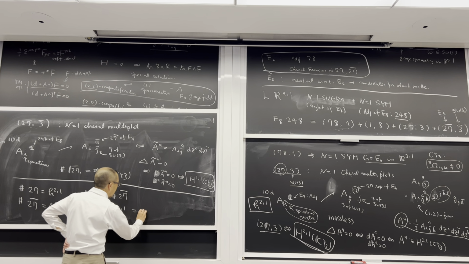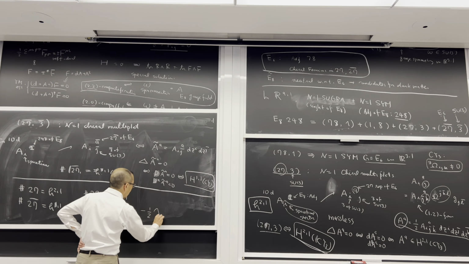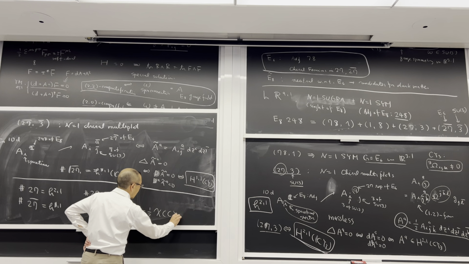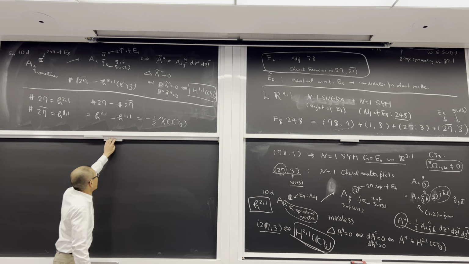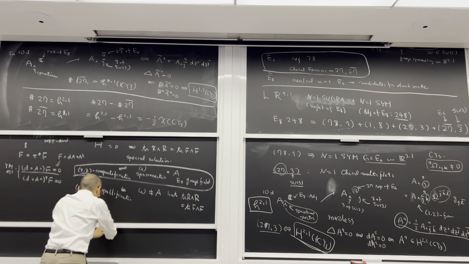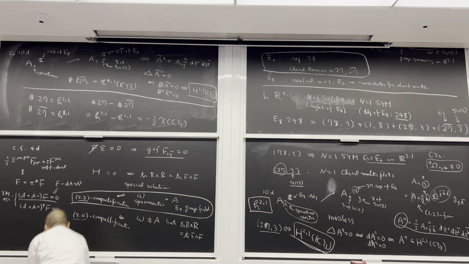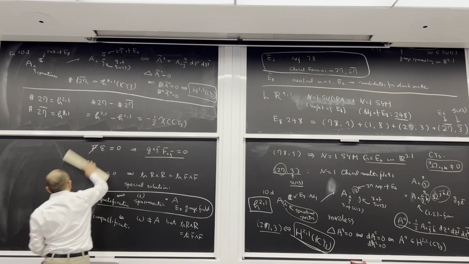And this turns out to be minus 1/2 of the Euler characteristic of the Calabi-Yau manifold. The reason for that is the Hodge diamond of the Calabi-Yau.